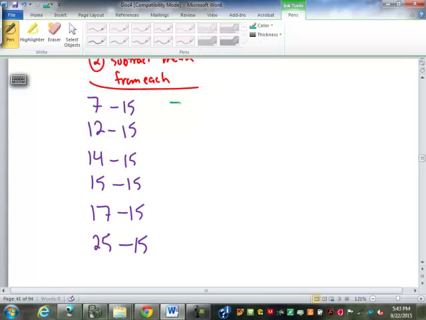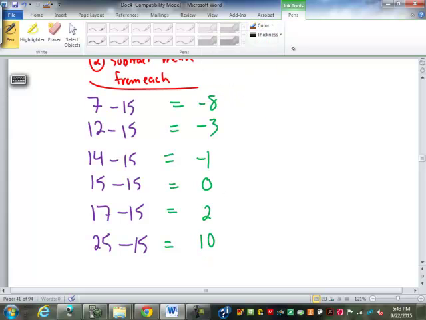So that's going to give us 7 minus 15 is negative 8. 12 minus 15 is negative 3. 14 minus 15 is negative 1. 15 minus 15, 0. 17 minus 15 is 2. And 25 minus 15 is 10.